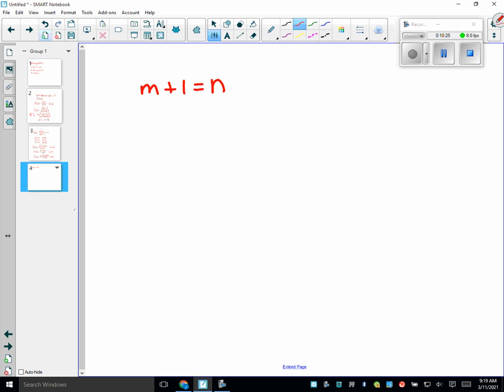What that means is the degree of the top is 1 more than the bottom. So for this problem, okay, there's no slant.